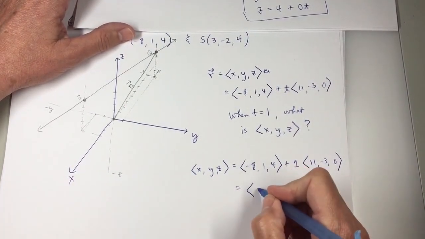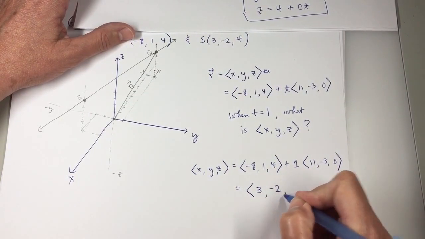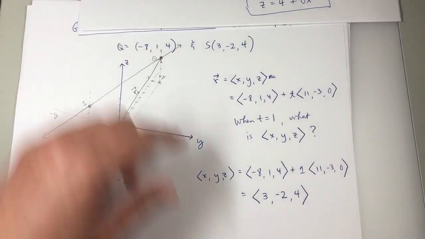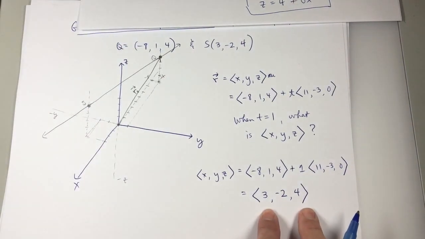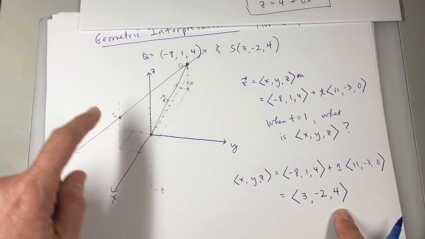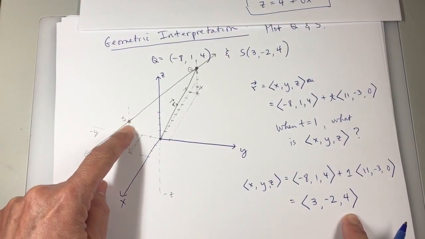It would be 3, -2, 4, which is a vector whose terminal point is where? It's at S.